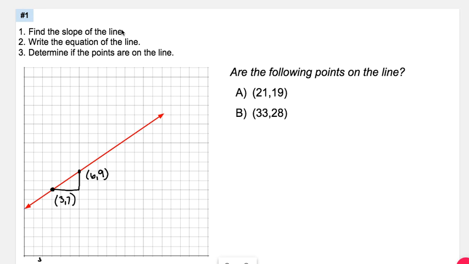So the first thing we have to do is find the slope of our line. To find our slope of the line, this is where we want the vertical distance over the horizontal distance. In our case, my vertical distance is 2 units. My horizontal distance is 3. Now this is nice because we don't have the same thing happening necessarily that happened in the last one yet. We're going to get to that, but not quite yet.